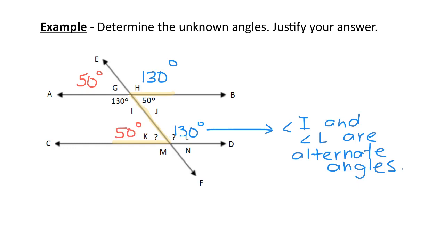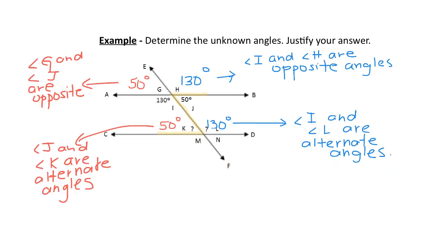So I've gone ahead and filled in that K is 50 degrees. If you wanted to give your justification, you would say that angles J and K are alternate angles. I went ahead and filled in all of the other justifications as well, so you can remember how we came up with those answers.